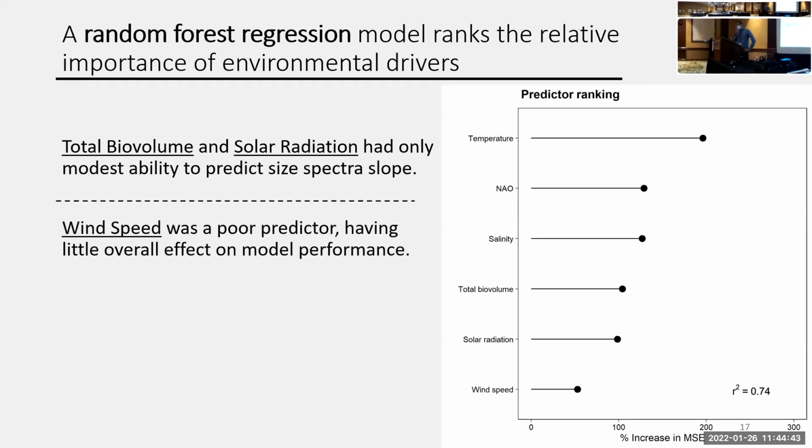And lastly, wind speed was overall a poor predictor. I had assumed that wind speed might have something to do with breaking up the stratification and mixing, but it was only a poor predictor of size spectra. So in that, it was interesting.